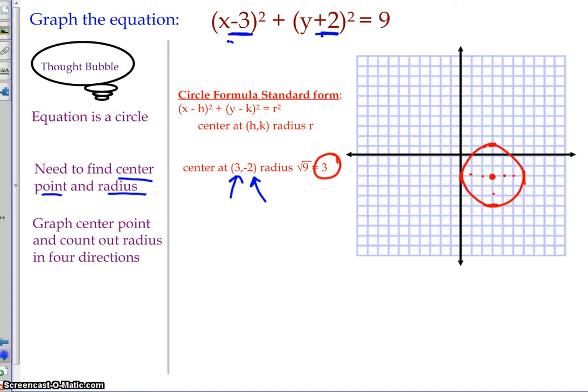If I'm really careful, I should draw a nice clean circle here. I didn't get it so clean, but kind of close. If I had a perfect circle, each point on this circle would be exactly 3 units from my center point. So a circle, the definition, is a set of points exactly the same distance from a single point, the center point.